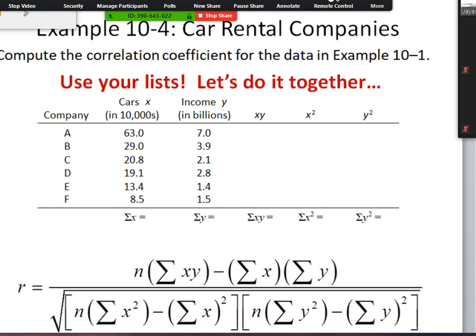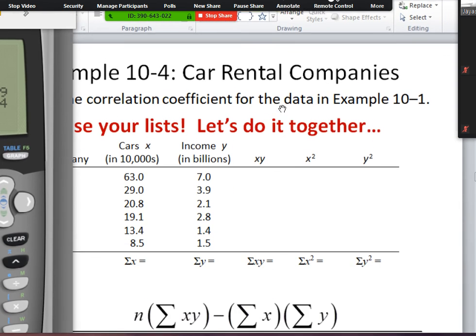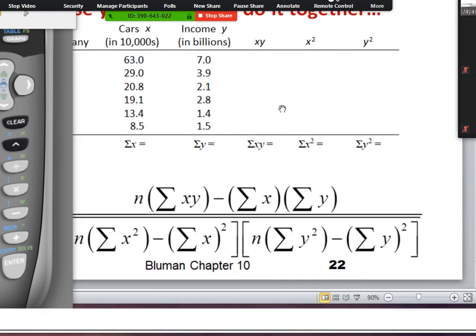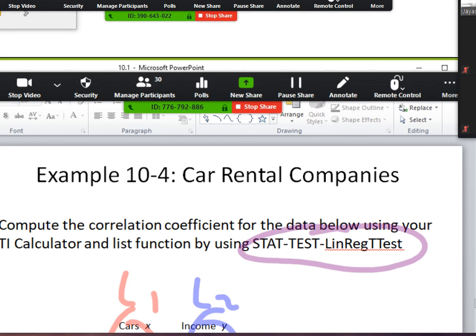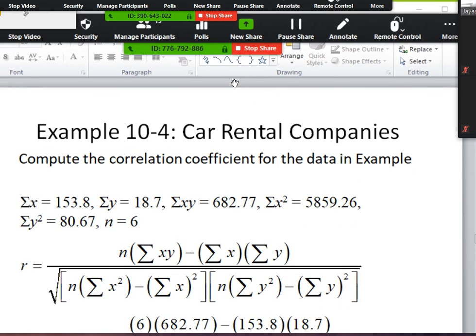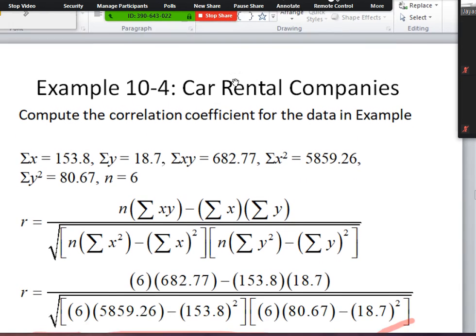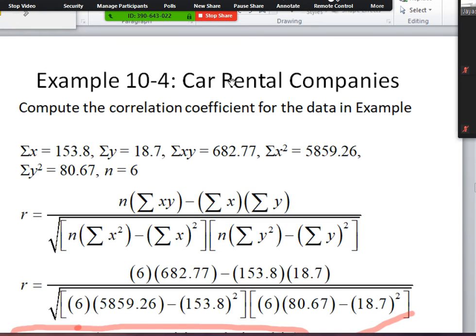Let's go to the next page. This is just me showing you guys how to do what I showed you. Great. So now we're going to plug them all in. So you guys go ahead and plug them all in here and find your numbers.